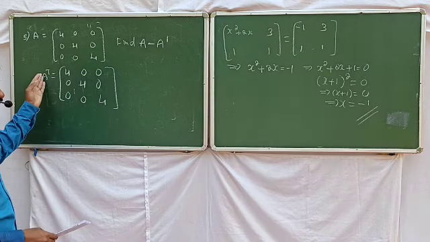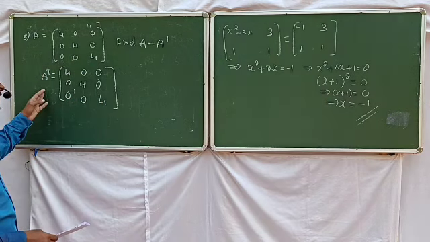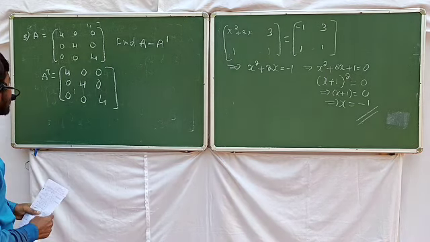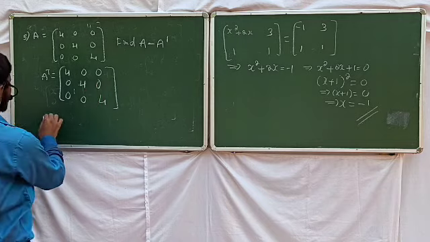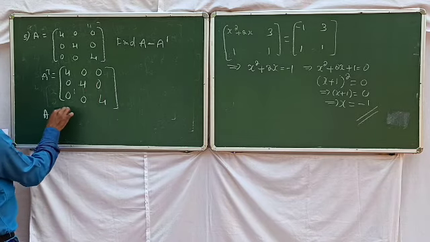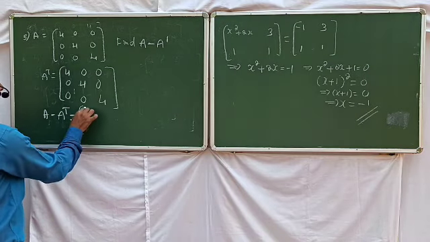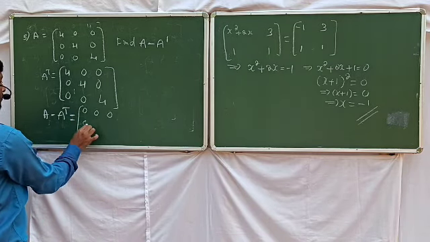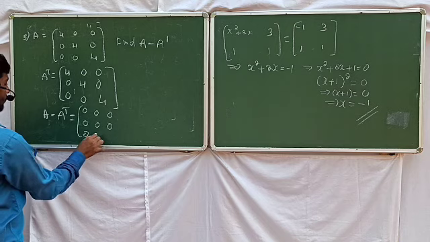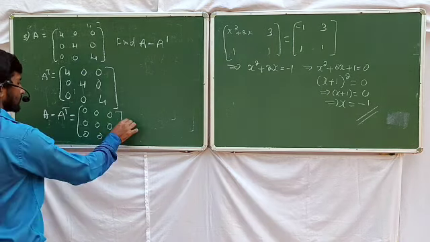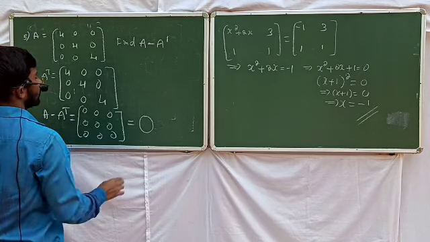Here you can observe now A is equal to A transpose. Next, find A minus A transpose. What you will get: all entries are equal to 0. Subtract corresponding elements, all entries are 0. This is nothing but a null matrix.